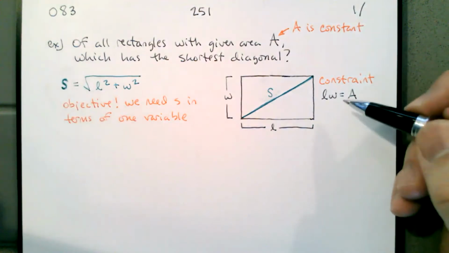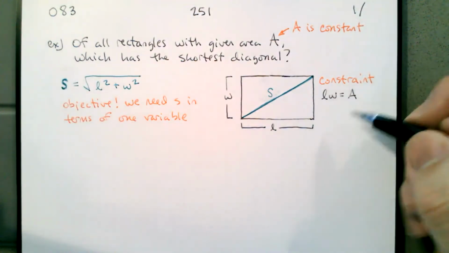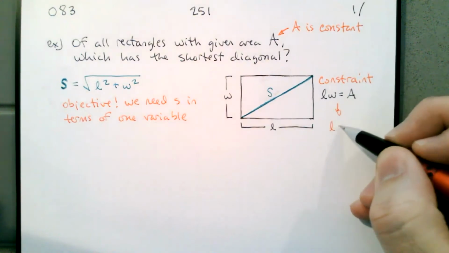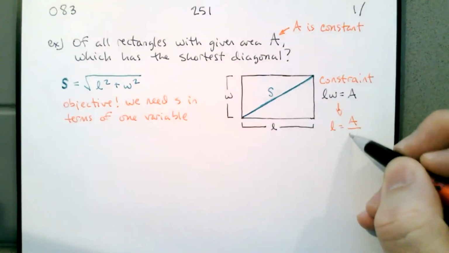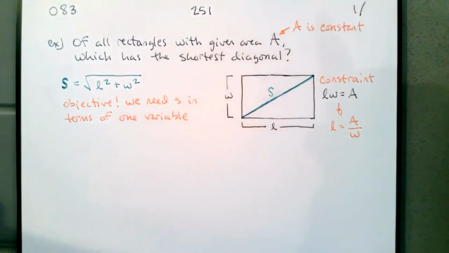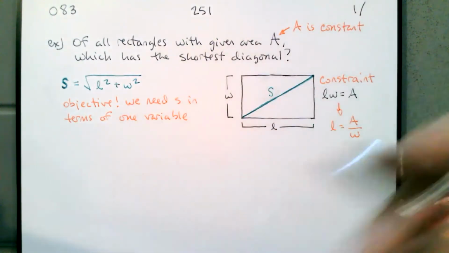L is the least convenient one to write, so I'm going to solve for L in the constraint. L is A over W. And I'm going to replace the L in our objective with A over W.